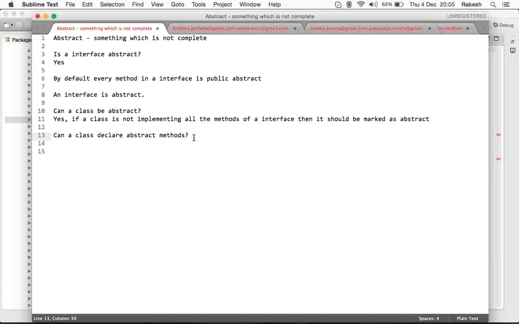Just like an interface, can a class declare additional methods? What do you guys think? Any guesses? Can a class declare additional methods?